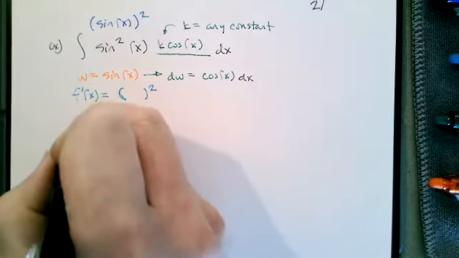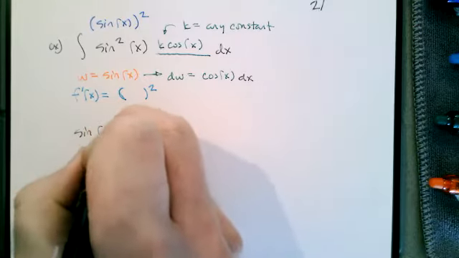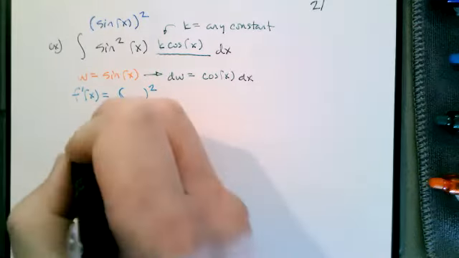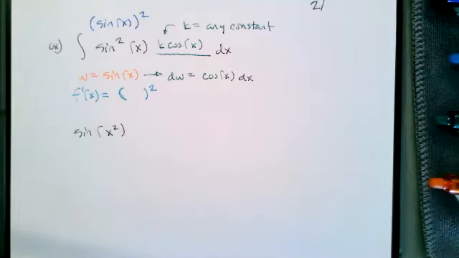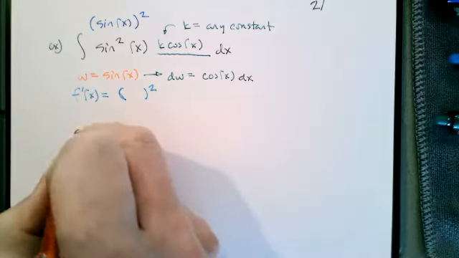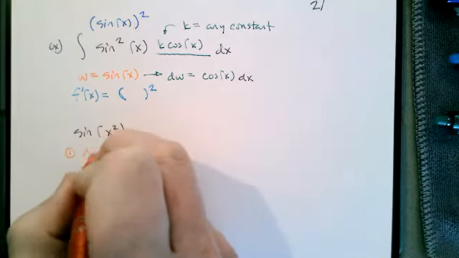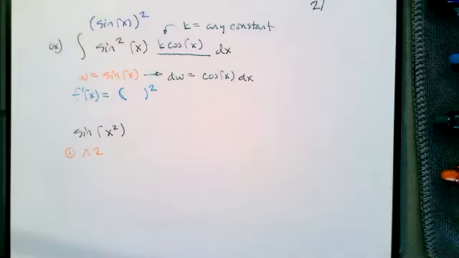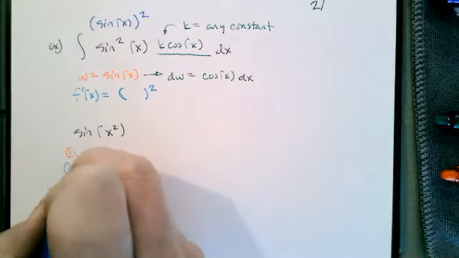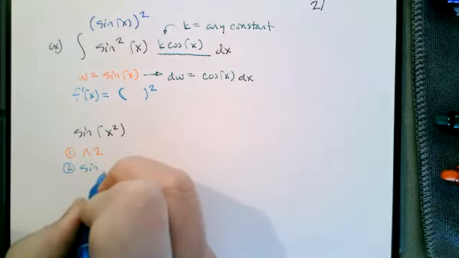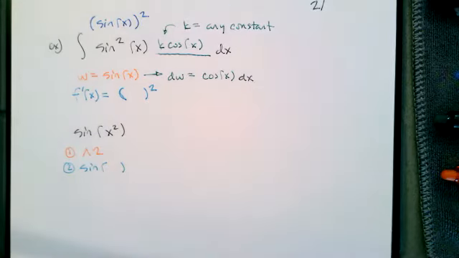So when we write sine of x squared, the order of operations says first do the x squared, and then take the sine of what you get. So I'd read this expression as the sine of the square of x.